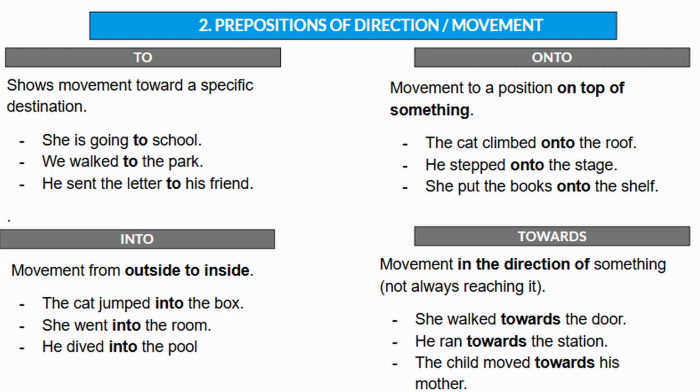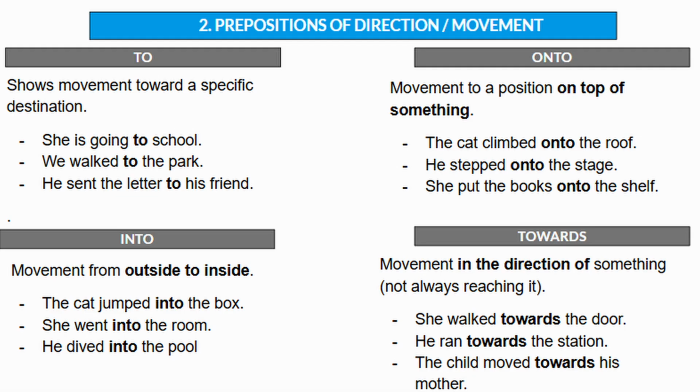Good. Another one, the preposition of direction towards. This shows the movement in the direction of something, not always reaching it. She walked towards the door. You see, here in brackets we say not always reaching it.